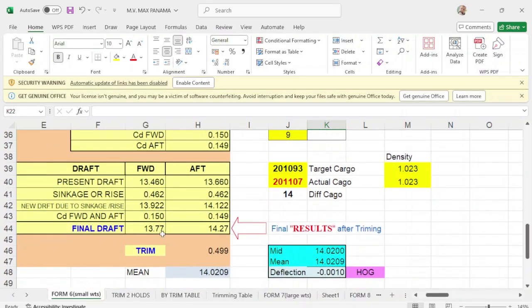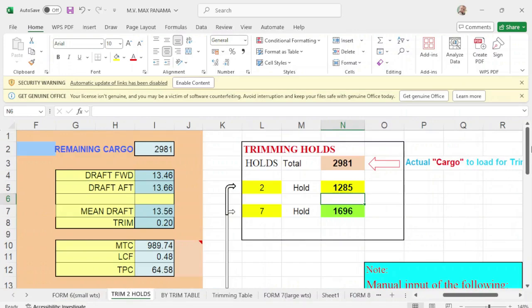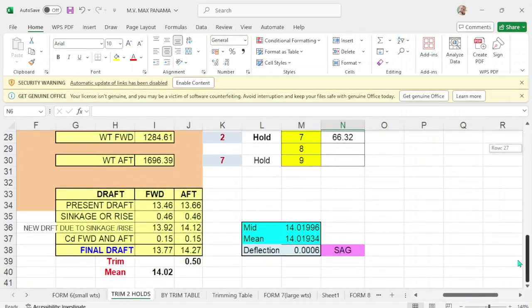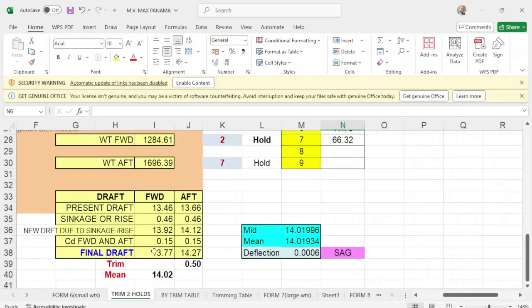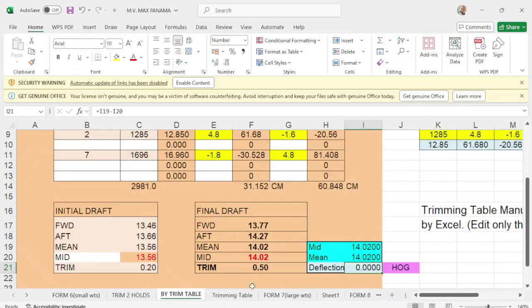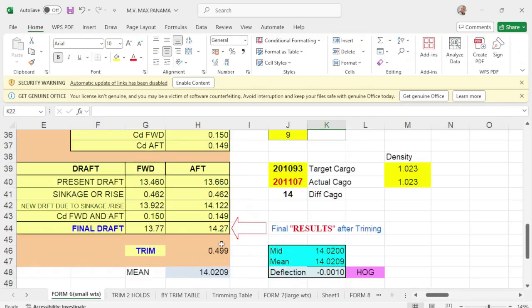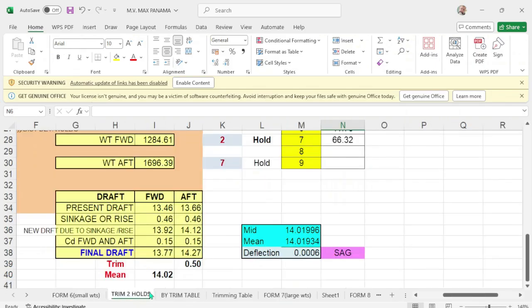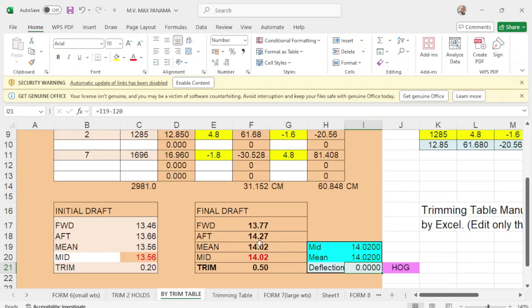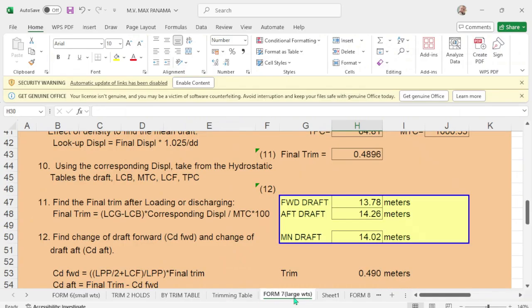We have 1477, and in the trimming table here we have 1377, and our up drop is 1426. We have here 1427, and your trim is 49. What we have is 50 centimeters.